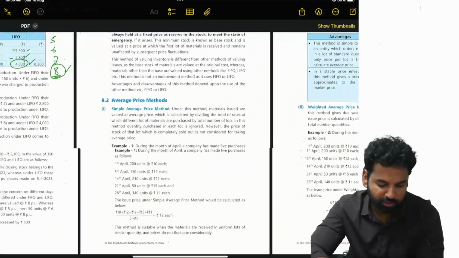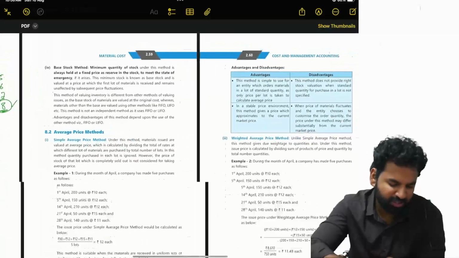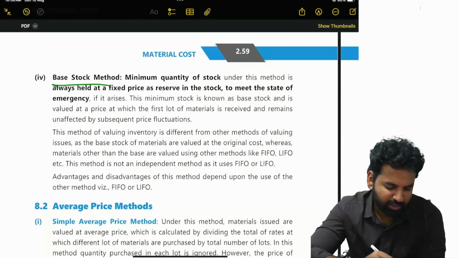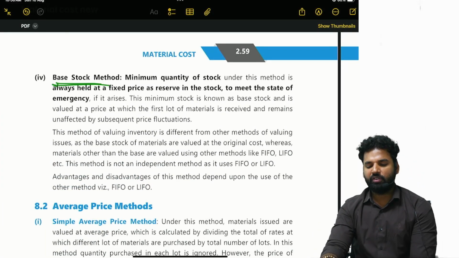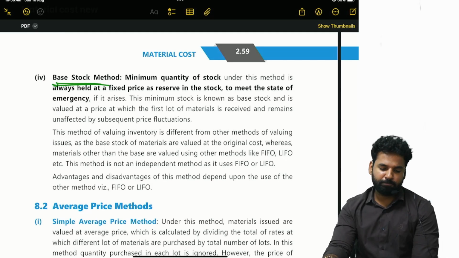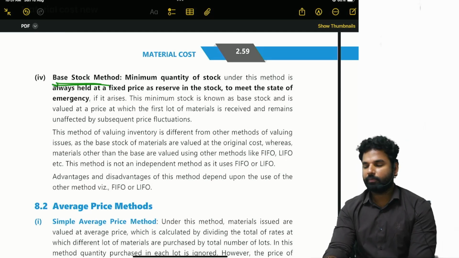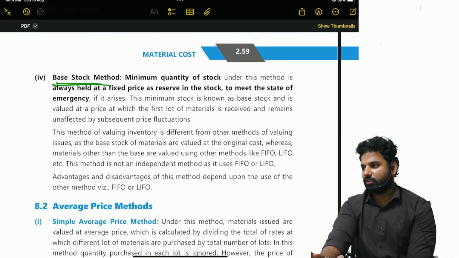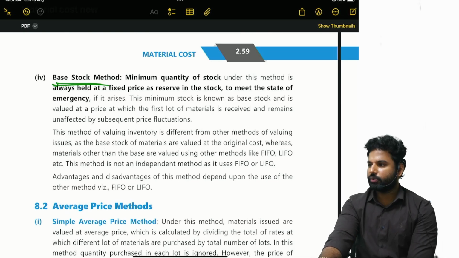Now comes the next concept. See here, the base stock method is one such method. In the base stock method, we will fix a minimum quantity which will not be touched. It will be just like a safety stock. It will not be touched, so all the time it will be there in the stores.